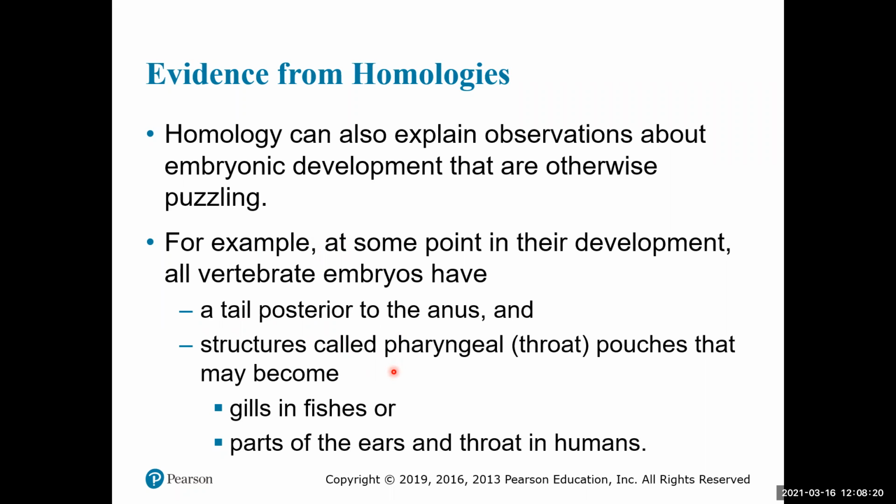And this is similar to what we see in all other vertebrate embryos. The difference is later on in development of that embryo, those structures will be modified and turned into other structures. So, for example, the pharyngeal throat pouches could become gills in fish, or they could become some of the bones and throat structures in humans. That's what those pharyngeal pouches develop and modify into throughout human embryonic development.